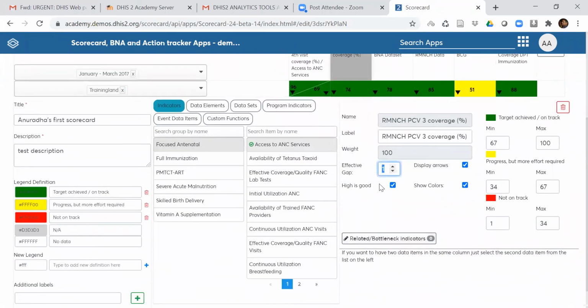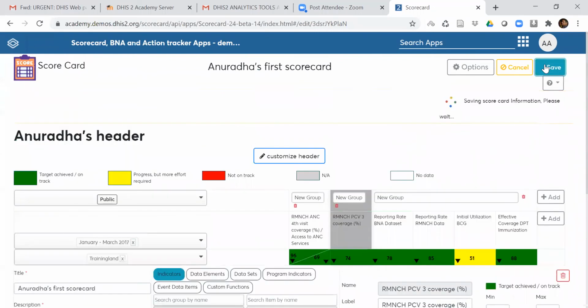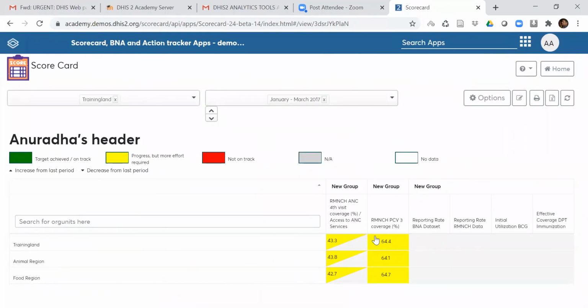Say 3. It is not scientific. So 5. So in that way I am telling that I am considering significant only if there is a 5% significant decrease or increase in that specific indicator. Right? I'm saving that. Now see, now there is no significant increase or decrease.